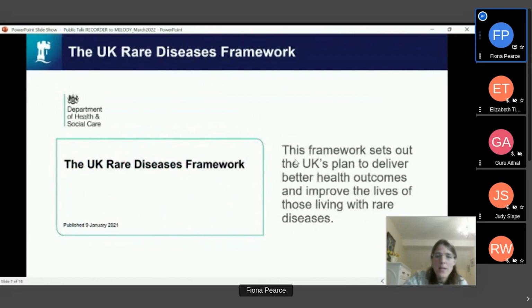Back in January this year, the UK published its Rare Diseases Framework. This is the Department of Health and Social Care setting out a policy document of how, over the next 5 years, the UK plans to deliver better health outcomes and improve the lives of people living with rare diseases. This was published last year, and then there was a response to it published last month.